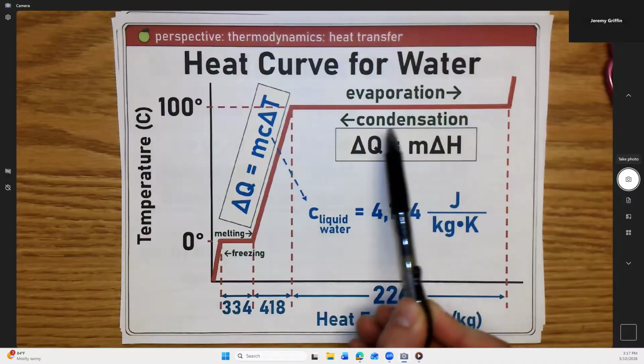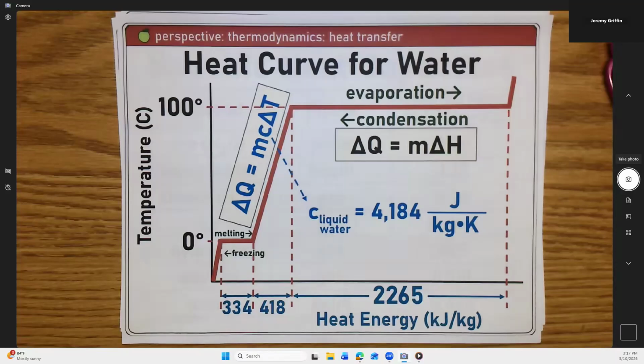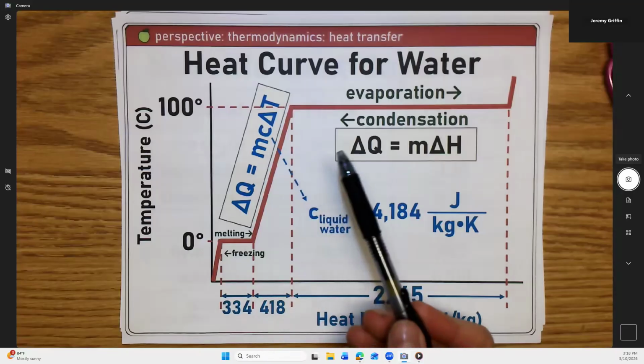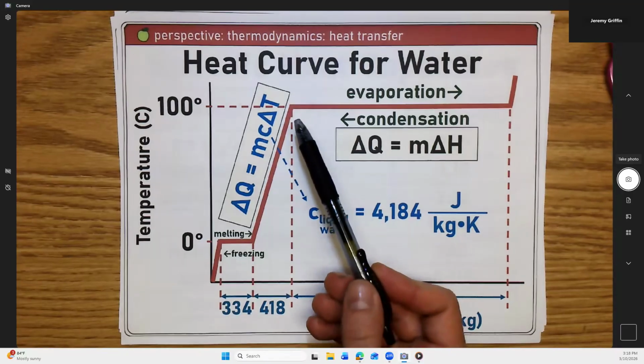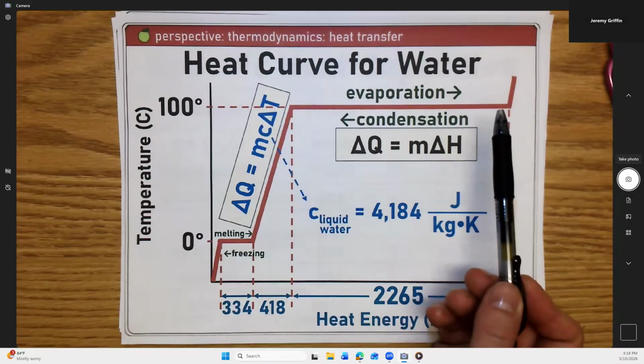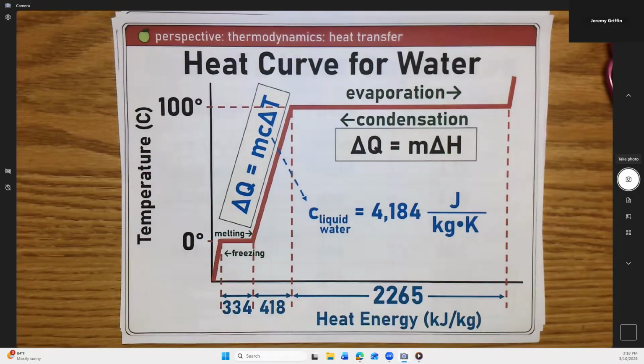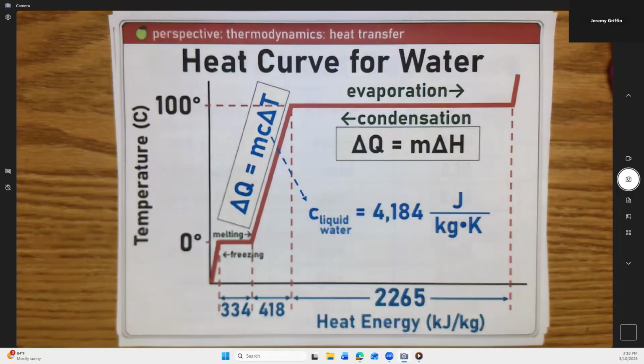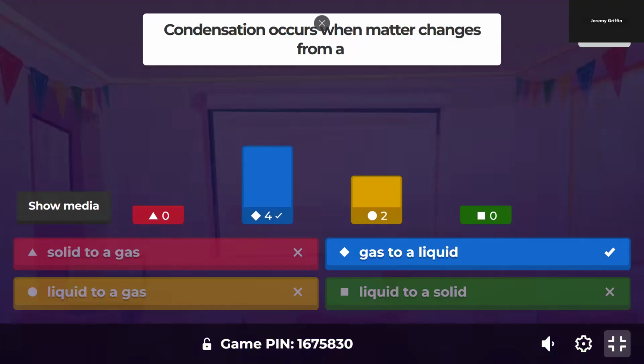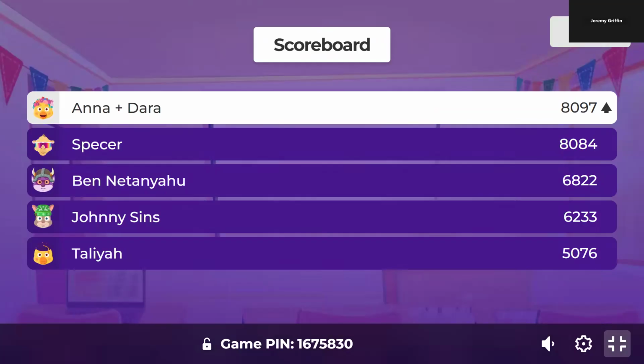So you're going from a gas to a liquid. You guys ever notice that, say, in the morning, maybe it's been really humid because we live in Florida, and then it's been a kind of cool night, and in the morning there's dew all over the grass? That's an example of this, going from water vapor to liquid. All right. Boom.